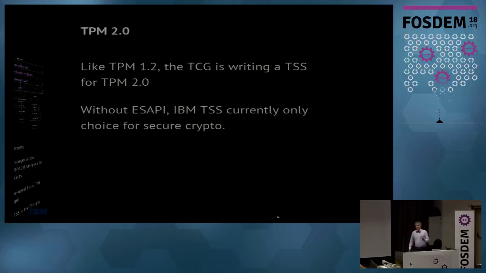And without eSAPI, that also means that the IBM stack is the only current choice for performing security-related functions. A security-related function is anything where you need to secure the communication between your application and the TPM because you're using it to pass secrets. So that's anything that requires authentication, anything that requires the passing in of private keys.